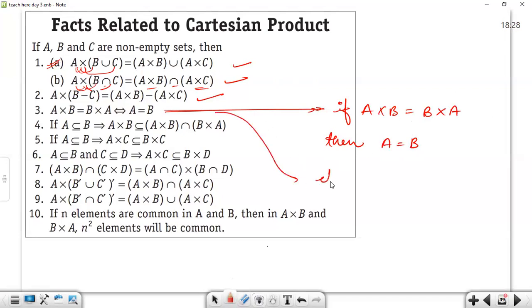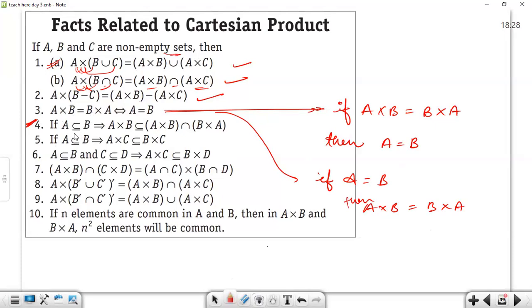And also, if it is given that A is B, then A cross B can be written as B cross A because they are equal. Okay, so are you able to understand this point? Clear? Yes, sir. And remember, this is all the Cartesian product of two sets where A, B, C are non-empty sets.